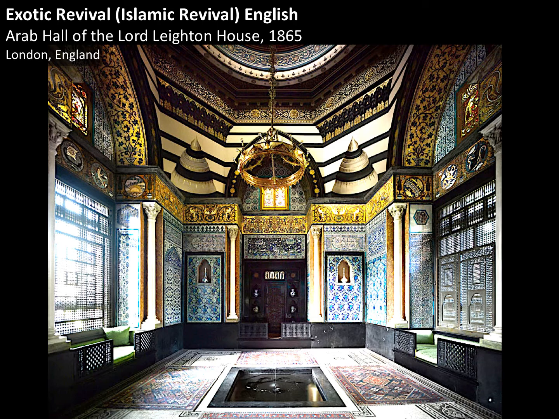So he came home with buckets and buckets of these beautiful Islamic tiles, and he had this room built specifically so that those tiles could be installed and shown in a way like they would have been in Islam. So this is one of those buildings that's a curiosity. The outside of the building is an English brick building, and on the inside there is this beautiful Islamic room.